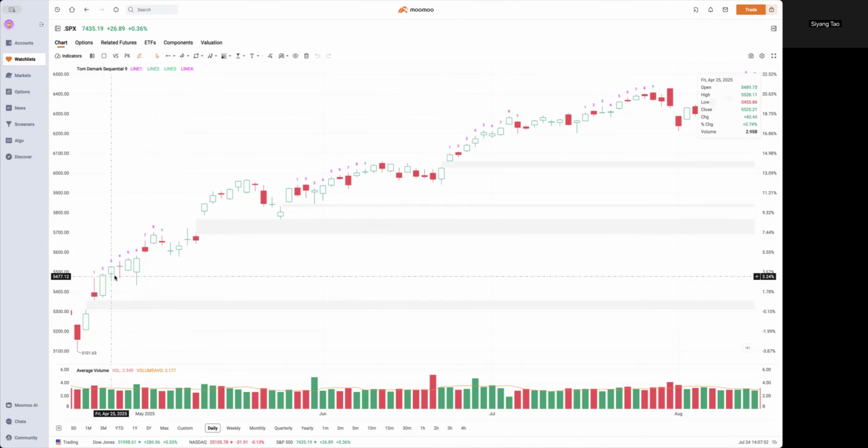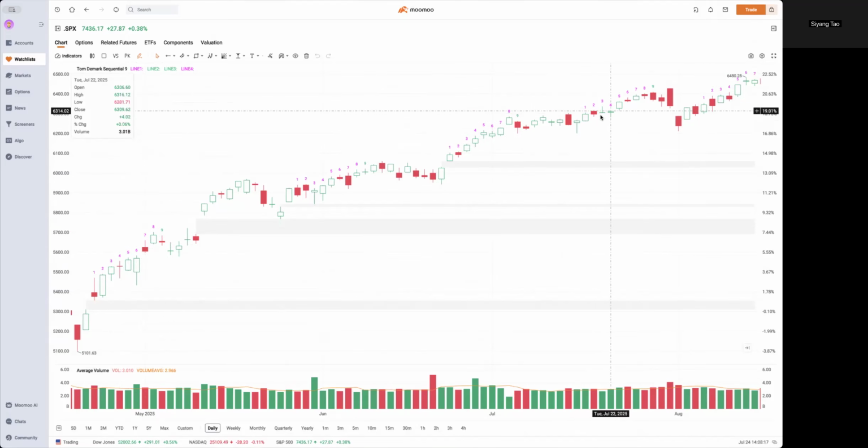Okay, so let's look at this live example of the sell setup on the S&P 500 daily chart. Retail traders often buy into green candles because it looks strong. But look at this chart. The algorithm flawlessly identifies 4 distinct, separate instances of bullish exhaustion.